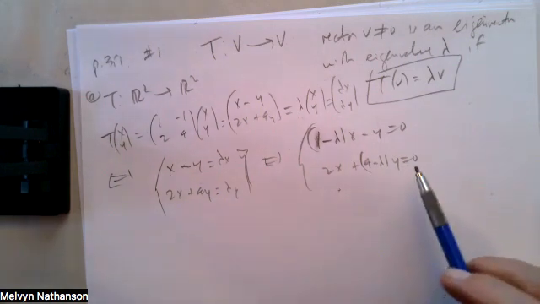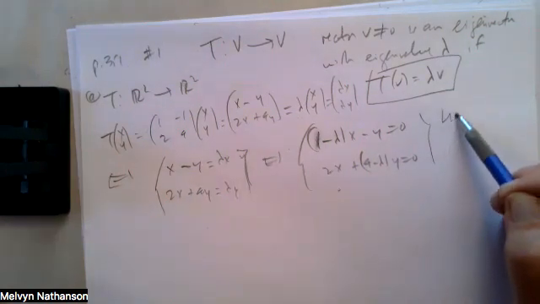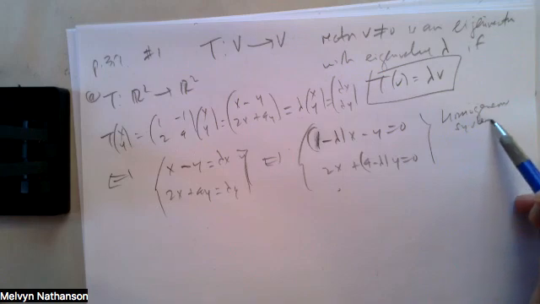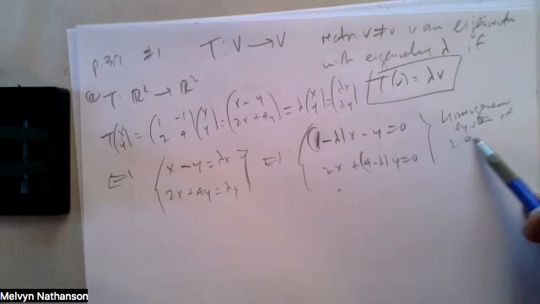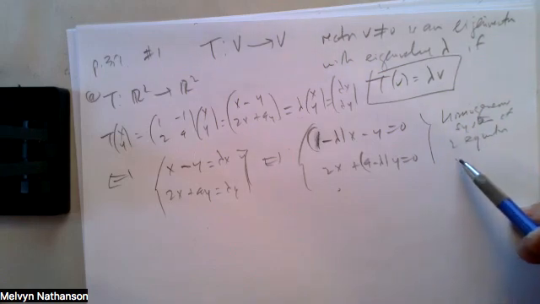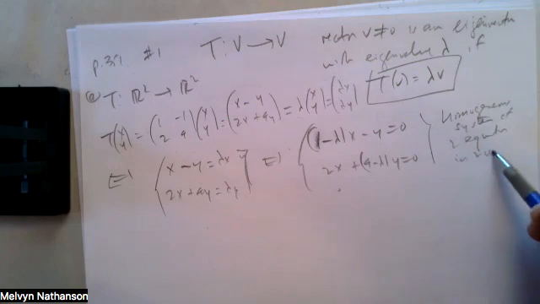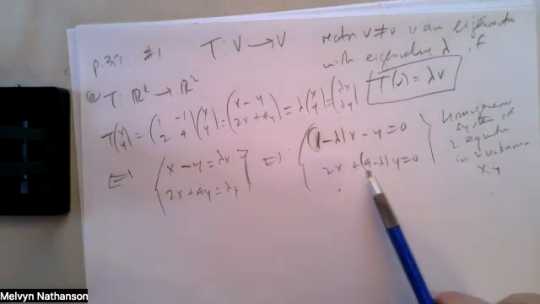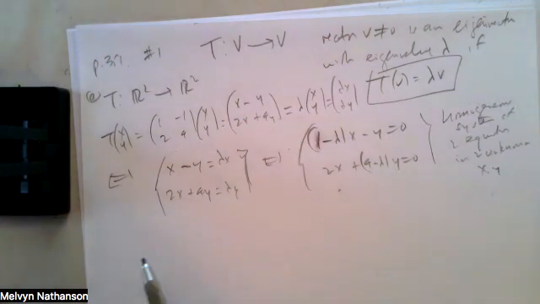So we know that this is a homogeneous system of two equations in two unknowns, x and y. And we want to know when there's a solution where x and y are not both 0.